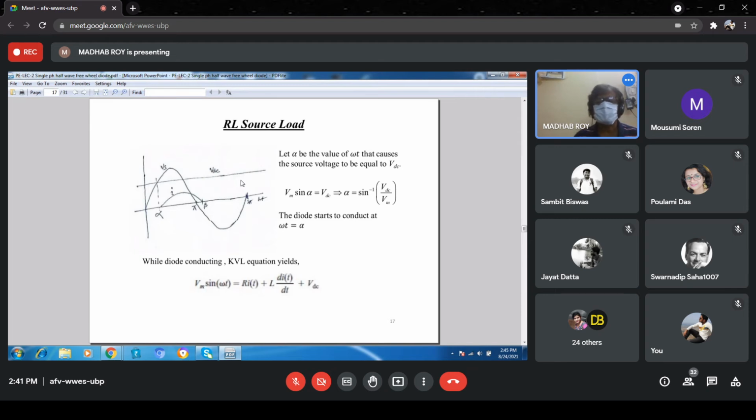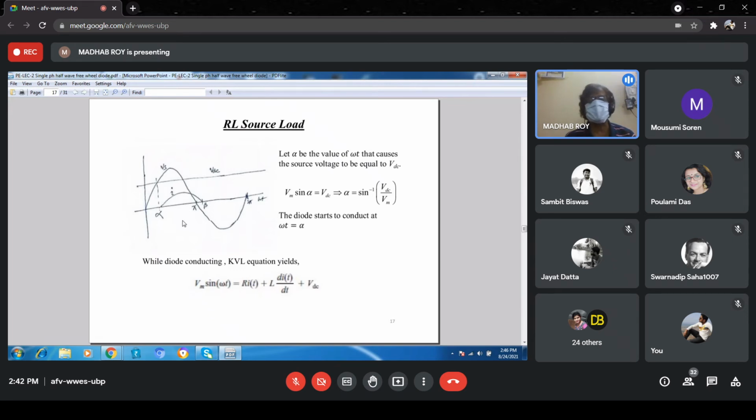Yes, sir. Okay. So beyond alpha, the diode will be forward biased, and up to this angle it will be conducting. But beyond that, again the diode is getting reverse bias.